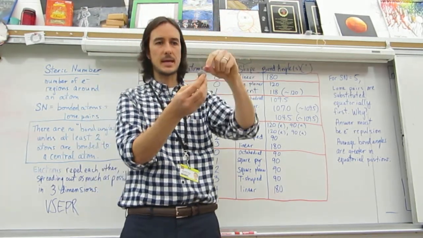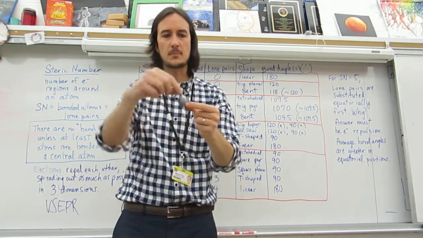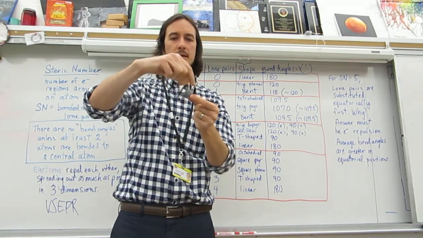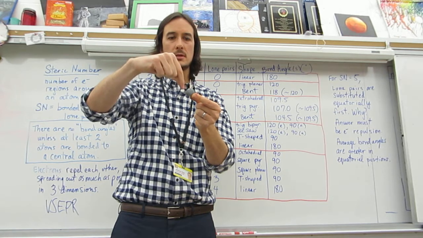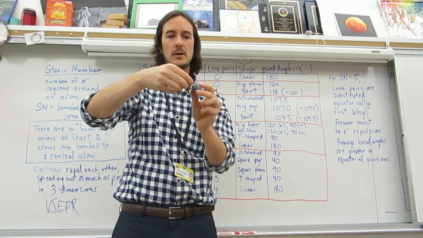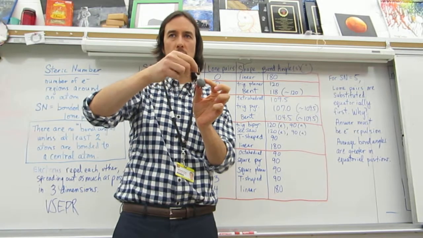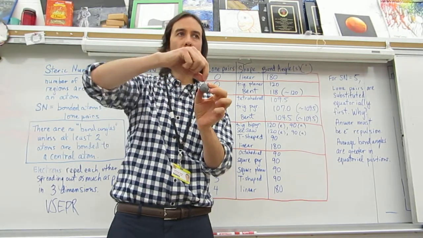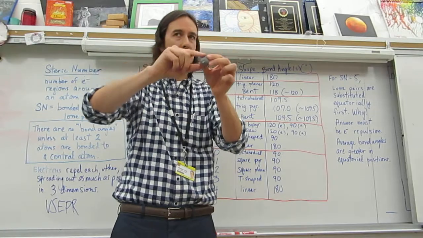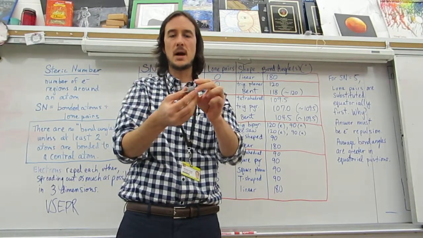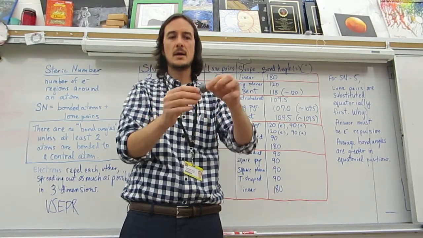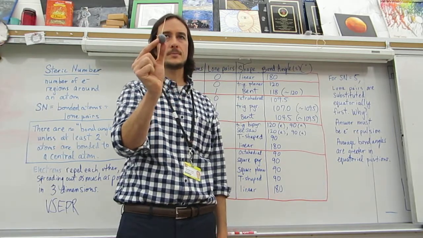So you can kind of see that if I add this lone pair here, it's close to 2 lone pairs. But if I added this lone pair where this atom is, it would be 90 degrees from 3 lone pairs. So it does need to spread out as much as it can, and it does this. This is how atoms within molecules act. But we end up with something that's linear.